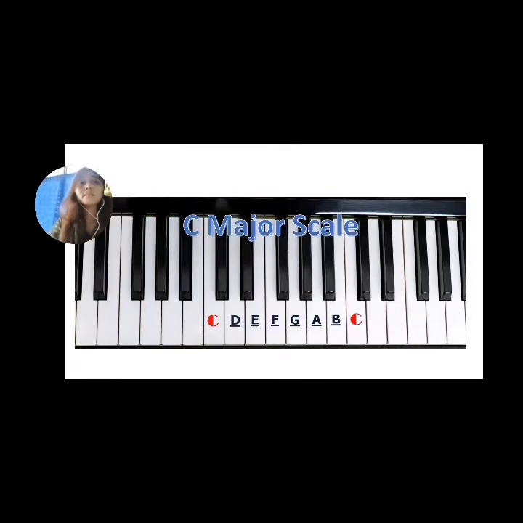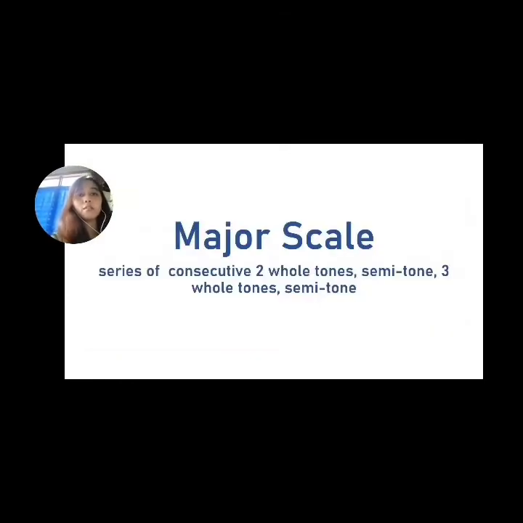For example, a C major scale is composed of C, D, E, F, G, A, B, C, as I've shown you before. The D major scale has a different set of keys. The definition is two whole tones, a semitone, three whole tones, and a semitone.